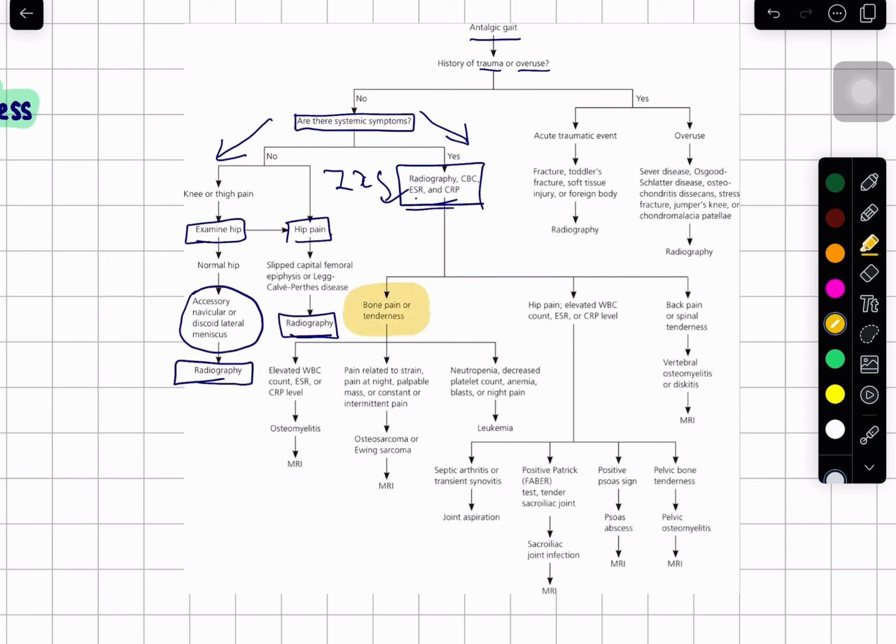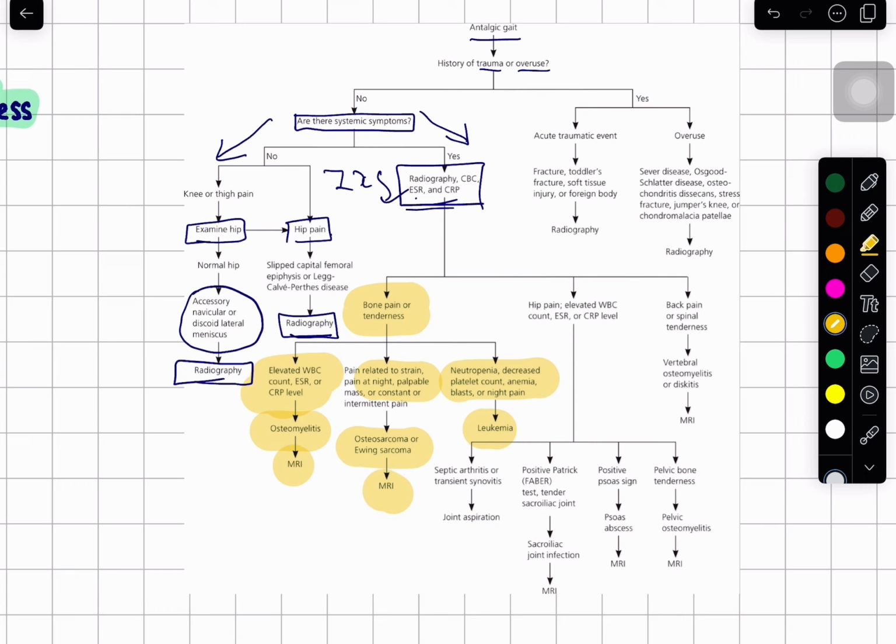If there is elevated WBC, ESR and CRP, it can be osteomyelitis, do MRI. If there is pain related to strain, pain at night, palpable mass or constant intermittent pain, it can be neoplastic, osteosarcoma, Ewing, also do MRI. And if there is neutropenia, decreased platelets, anemia, it can be hematological, leukemia.